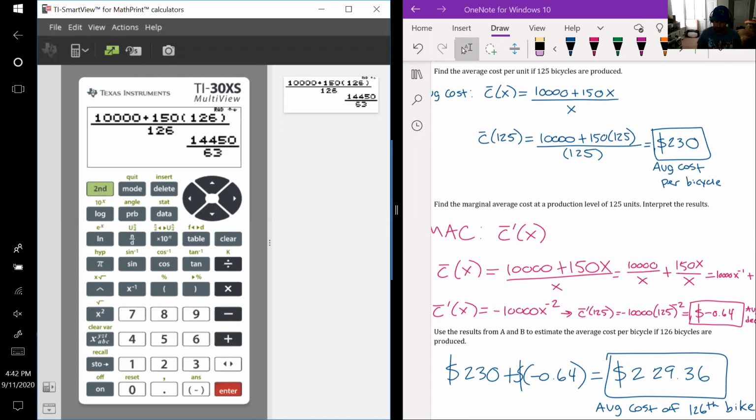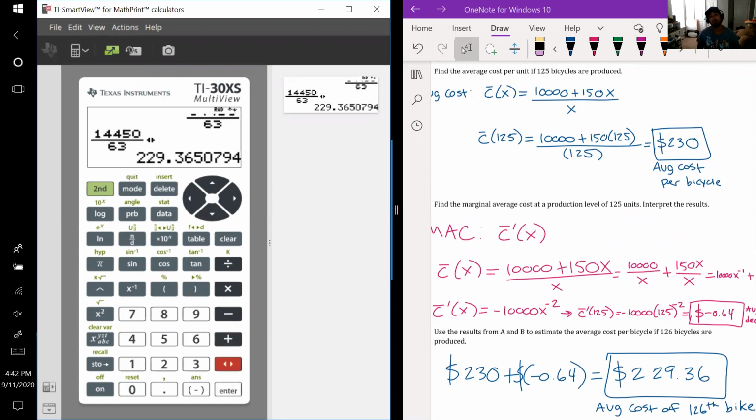I hit enter, and it gives me that fraction. Great. All you have to do to change that to decimal is hit the little double arrows above the enter button. And bam, 229.36, which is exactly what we got for C.